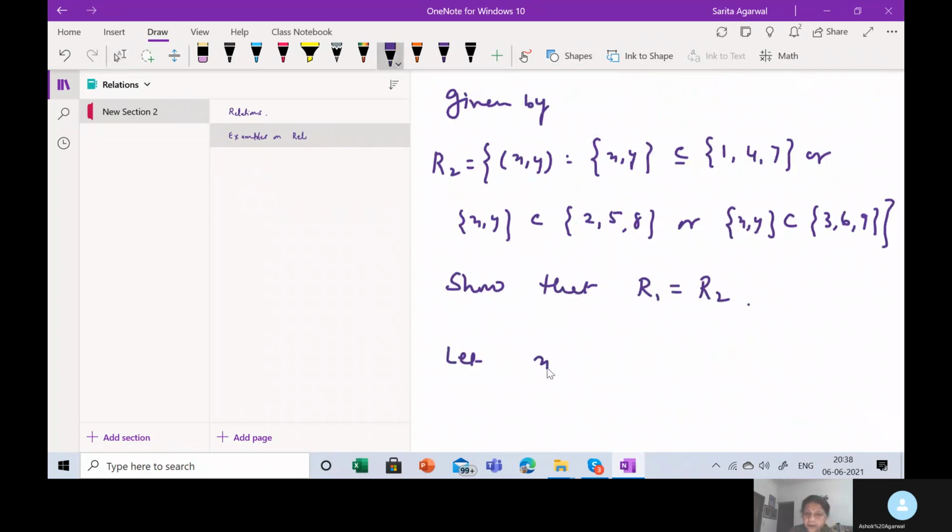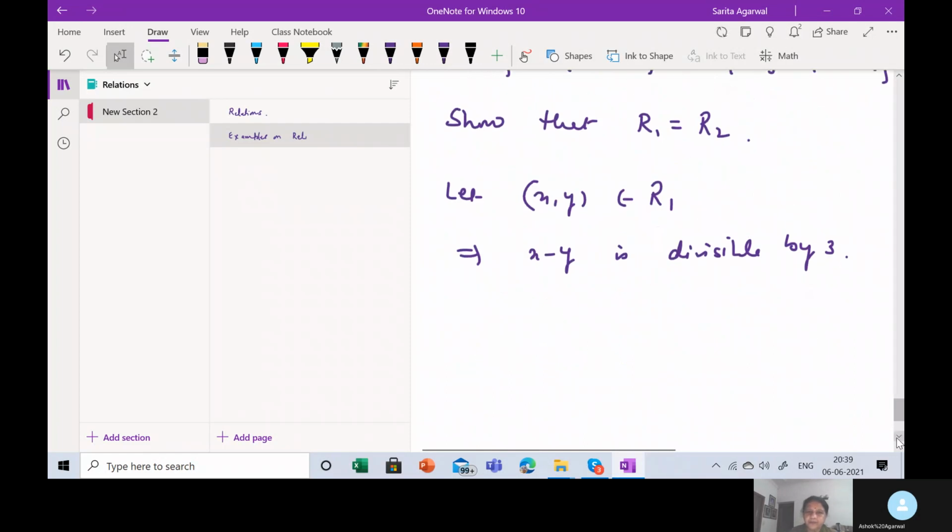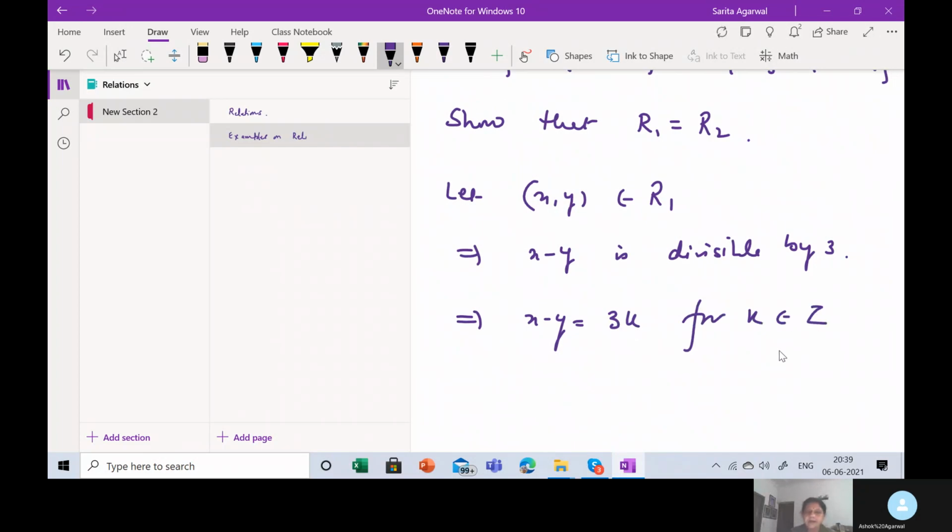Let xy belong to R1. That means x minus y is divisible by 3. It means that x minus y equal to 3k, where k is an element of the set of integers Z. If k is 0, that means x minus y is 0, and that means x equal to y.